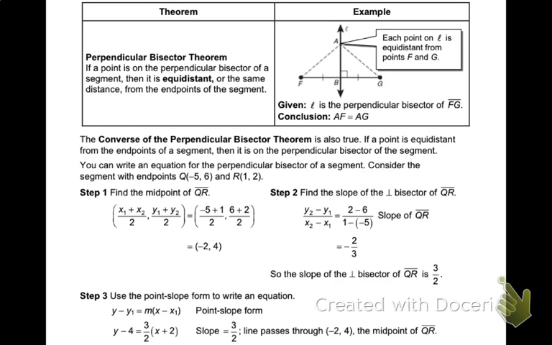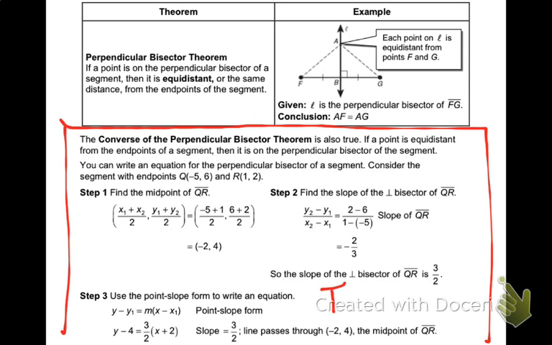So perpendicular bisector theorem. We're going to focus on the top half today. This bottom half right here, writing the equations, we will do tomorrow. So the top half today says, if a point is on the perpendicular bisector of a segment, then it is equidistant, or the same distance, from the endpoints of the segment.